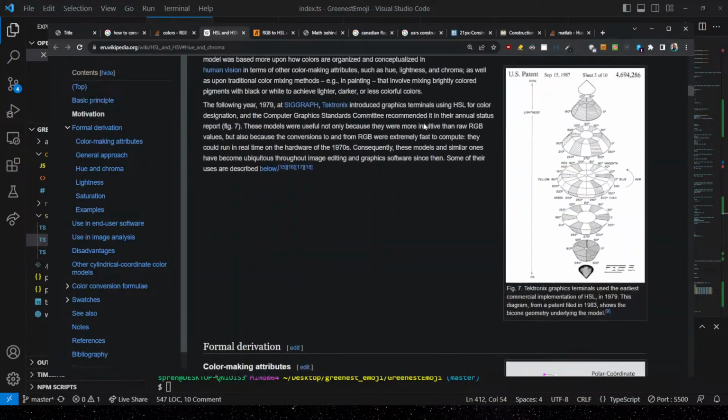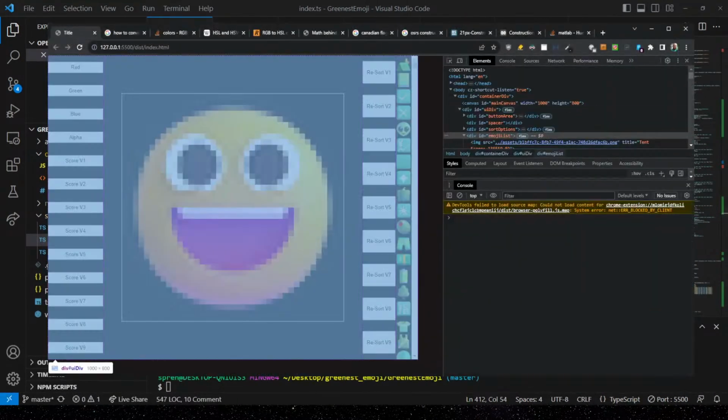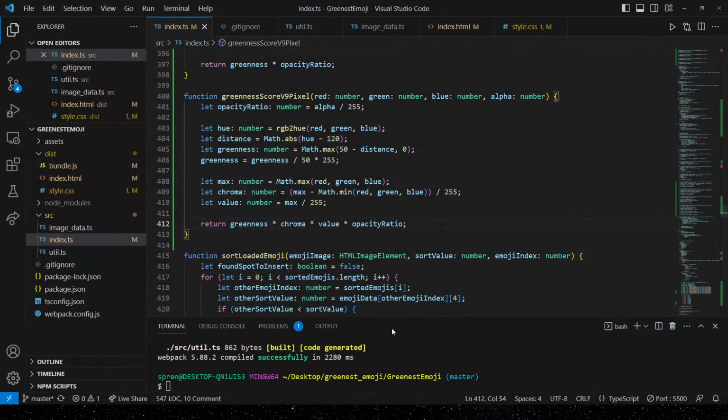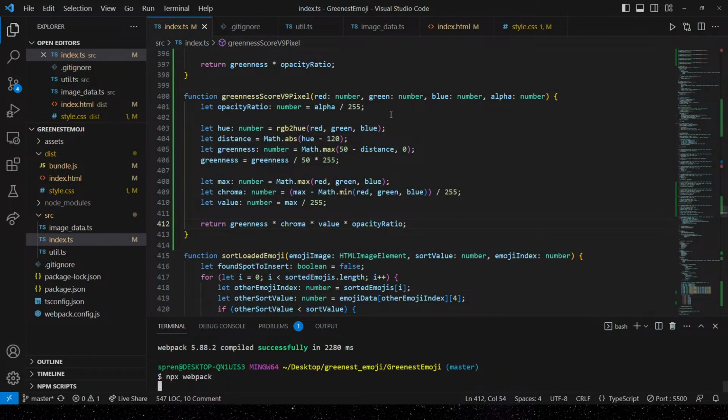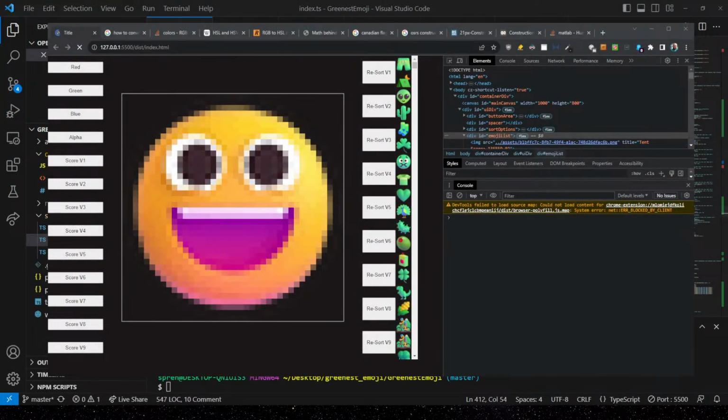Oh, don't get distracted by the pretty pictures. Okay, focus on this. All right. Wow. Okay, it just did it. Yeah. All right.